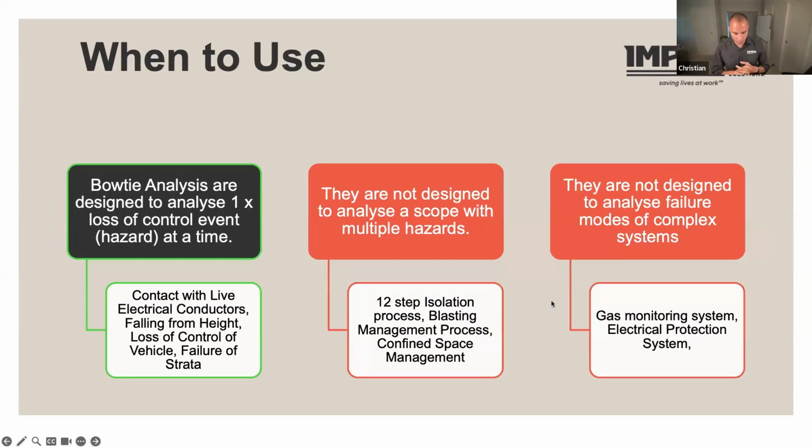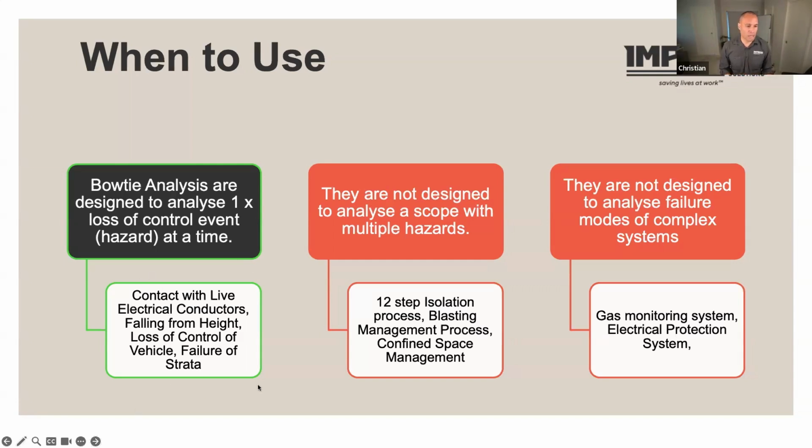So some principles or some ideas here. If we think about how the bow tie is structured, it's essentially one unwanted event or one hazard in the middle, isn't it? And then we really go hard and deep on that hazard. So bow ties are designed to analyze one loss of control event at a time.